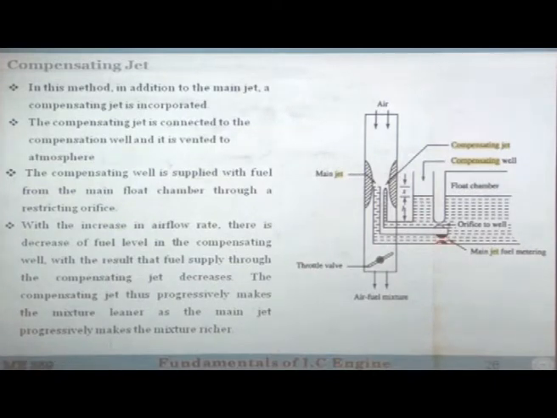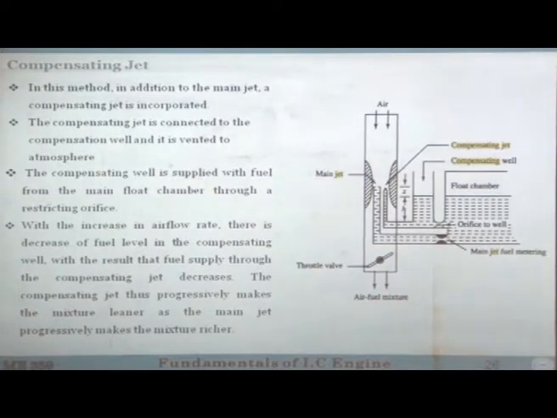And this is your main jet, the fuel metering jet. This main jet and this compensating jet are both located in the throat area, and this is the throttle valve. Air is coming from here, and the air fuel mixture is going in that direction.